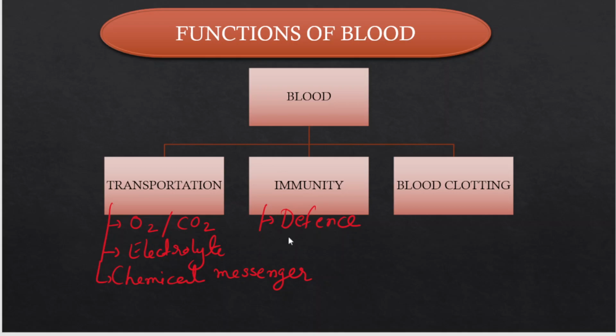So this provides the defense, and they also retain the memory of that antigen and produce the antibodies which will act against future infection. And also it prevents blood loss by the formation of blood clotting. So it is a preventive mechanism of blood.